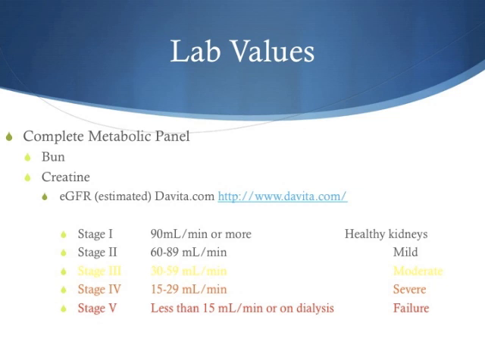You plug in the patient's age, weight, sex, origin, and their creatinine levels, and it will calculate for you what stage of glomerular filtration rate the patient is at. The stages go from stage 1 to stage 5. Stage 1 and 2, pretty much you have healthy kidneys. Stage 3, you're a little at risk. Stage 4 and 5, you're in danger.